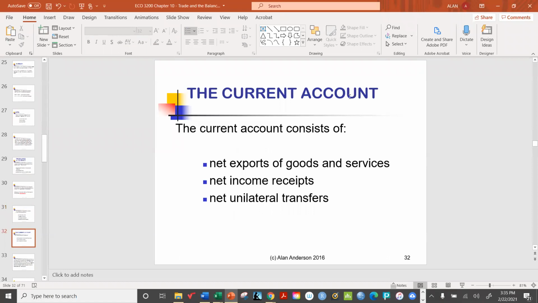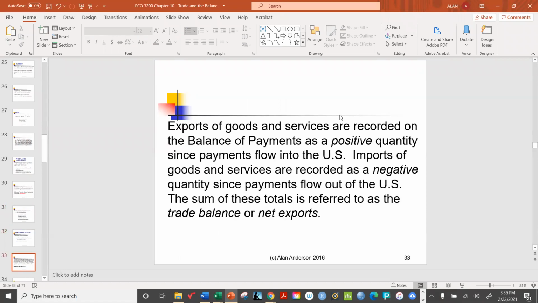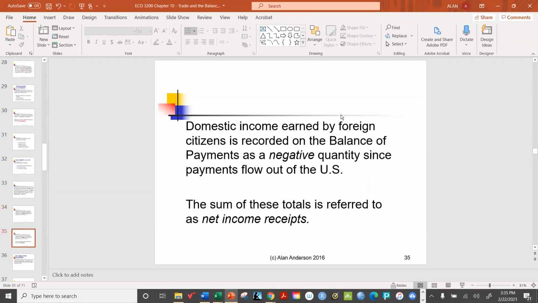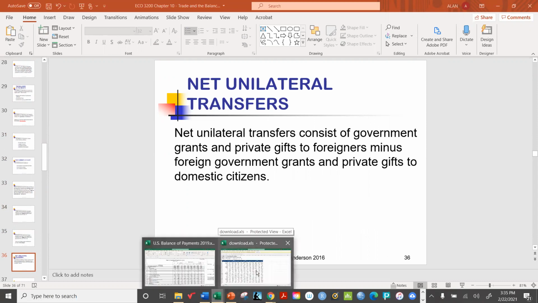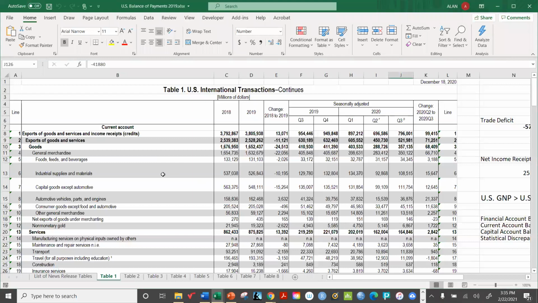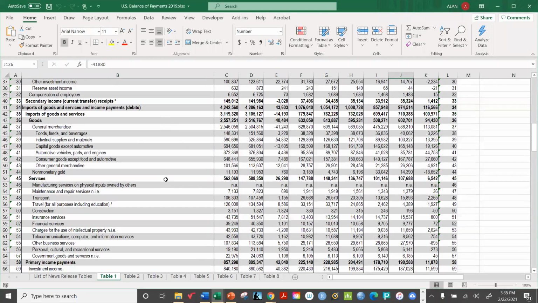All right, and so we've already been looking at this, so maybe we don't have to go through this in such great detail. The one thing we didn't mention, net unilateral transfers do show up in the current account. Here it is, and let's see if we can find them.